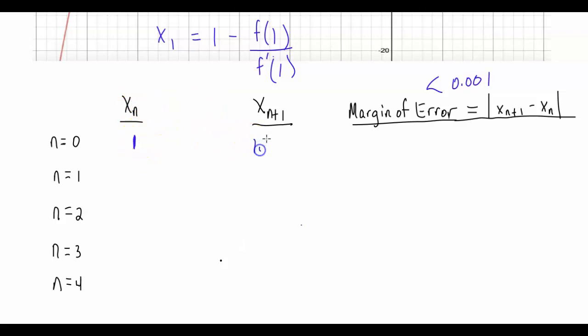We got 1.5385 for the x of 1. Then we use the same value for the n equals 1 iteration, and from there we got 1.4211.